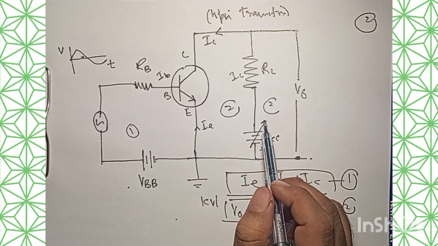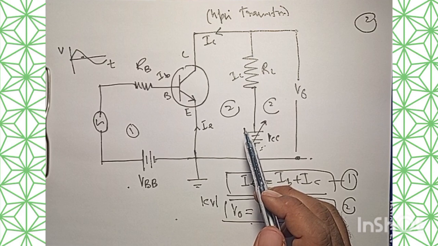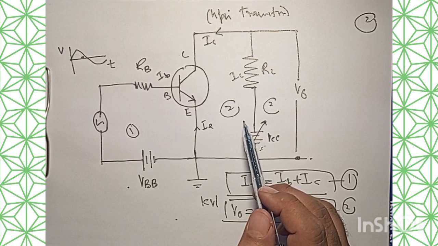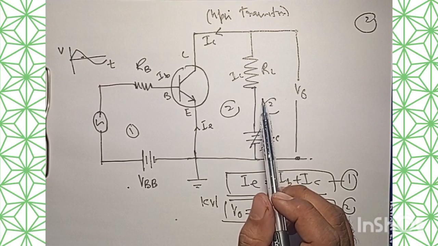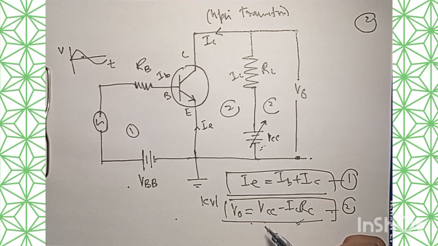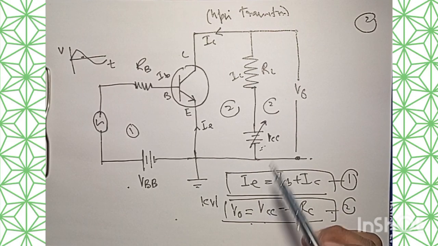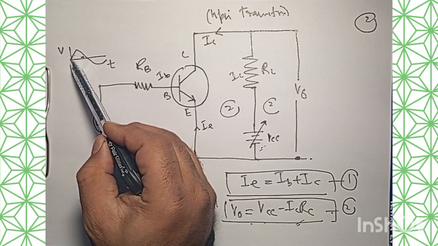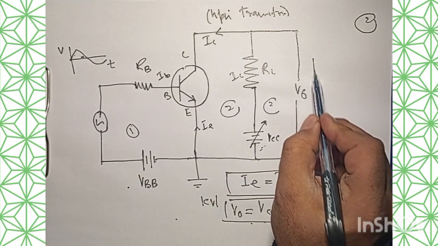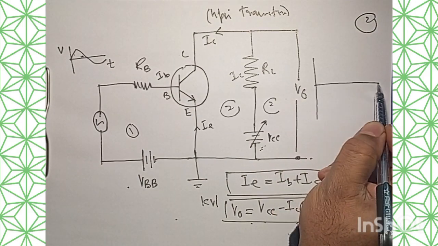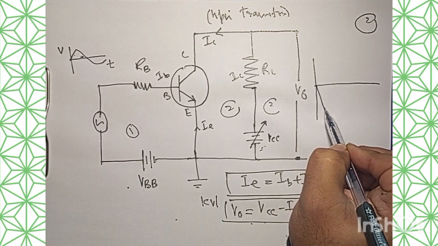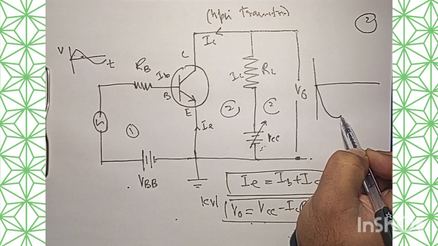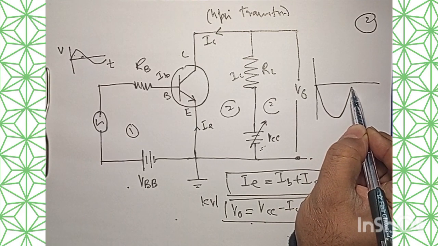So what we have obtained from this discussion is that the output voltage decreases with an increase in the input signal and increases with a decrease in the input signal. In addition, there is amplification.